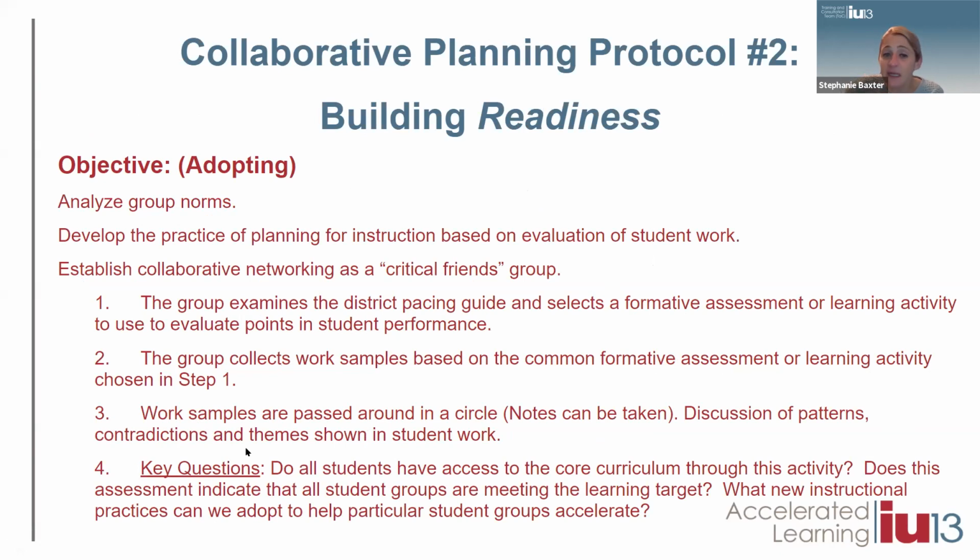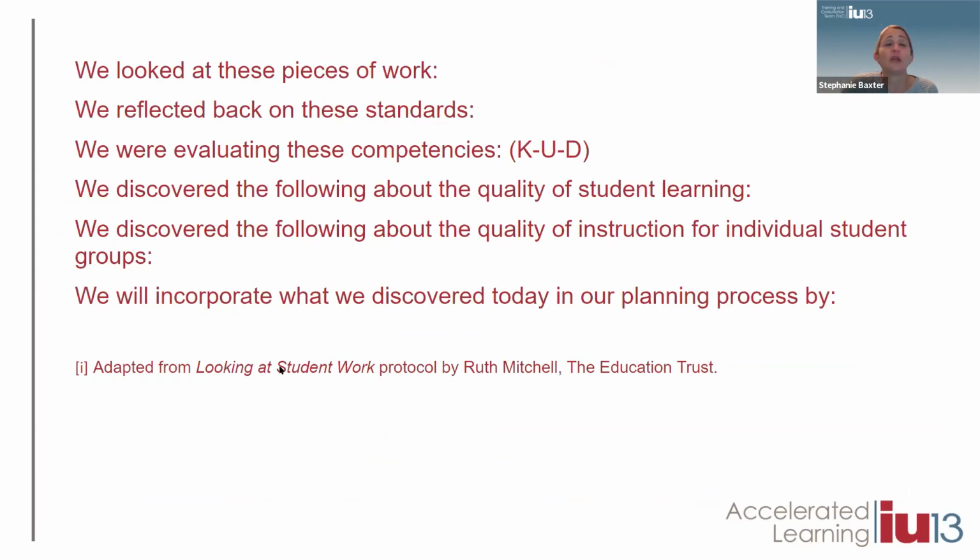Does that assessment indicate that all student groups are meeting the learning target? And then what new instructional practices can we adopt to help particular student groups accelerate? So if you're going to focus on anything within that building readiness, I would say focus on those key questions there.